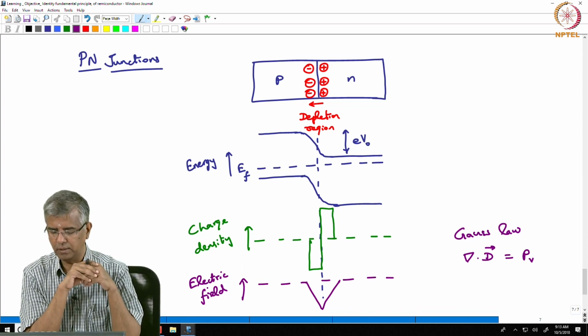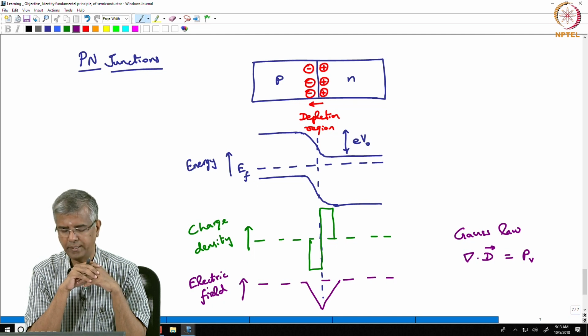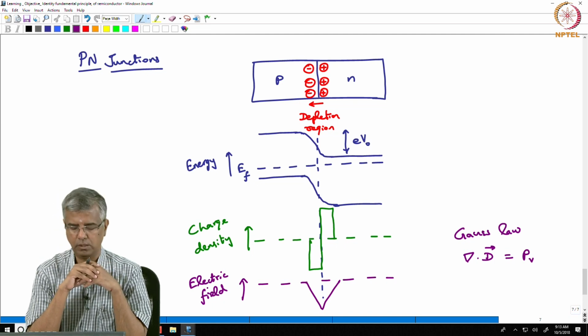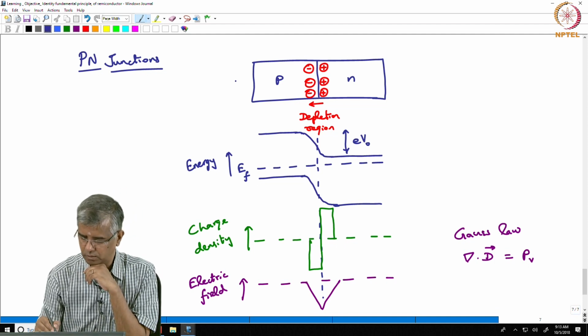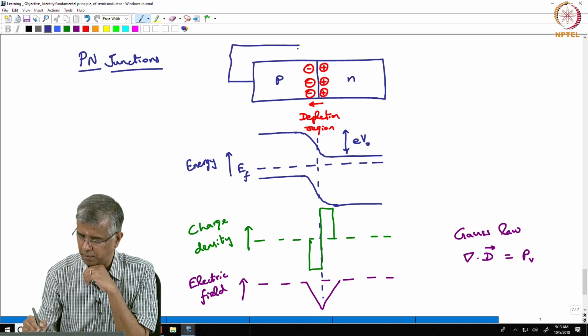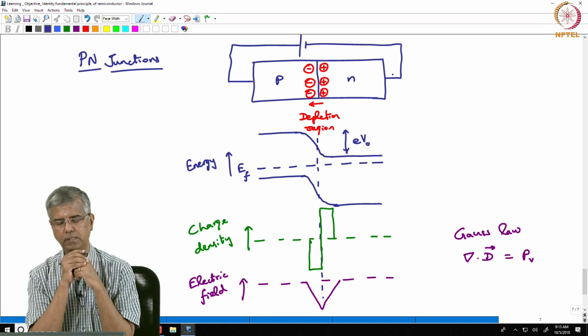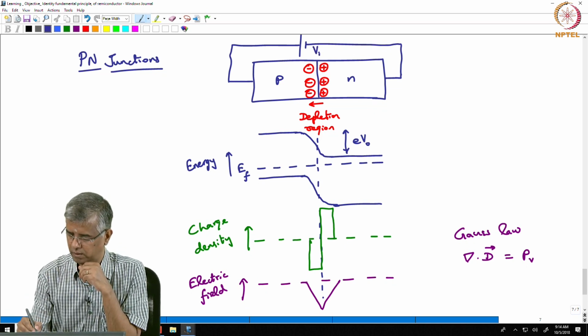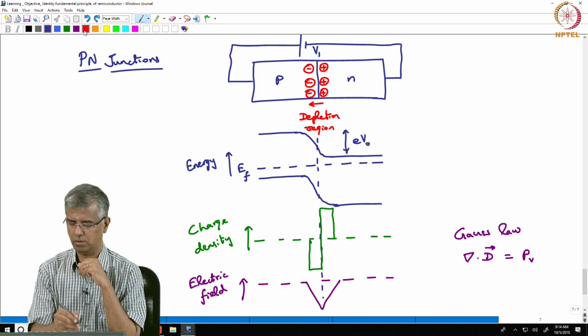Now, interesting things happen when you connect a voltage source external to this structure, right. When you apply a bias, let us say first we consider a positive bias, let us call this VB, right.